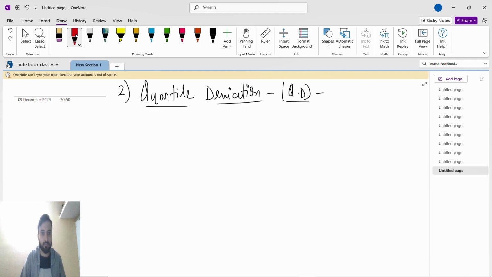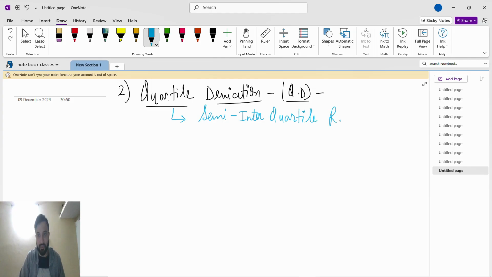Again, here we have to study only the ungrouped data and the coefficient. Sometimes in the examination they will ask: quartile deviation is also known as what? Quartile deviation is also known as semi-interquartile range.